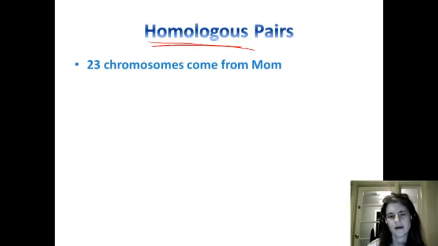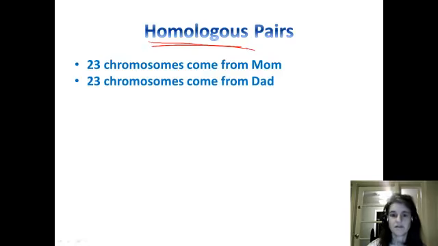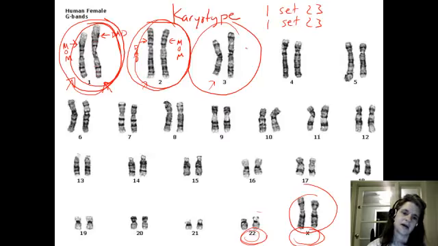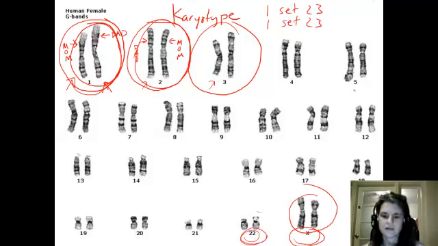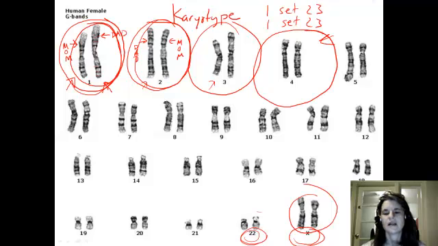Okay? Now, these pairs are what we call homologous, meaning the pairs are similar, but they're not identical. Let's talk about this. So you got 23 from mom, 23 from dad. Let's go back here. So let's look at some pair I haven't scribbled all over. Let's look at this pair. Okay? Right here. Let's say that the gene that determines eye color is on this chromosome. Okay?